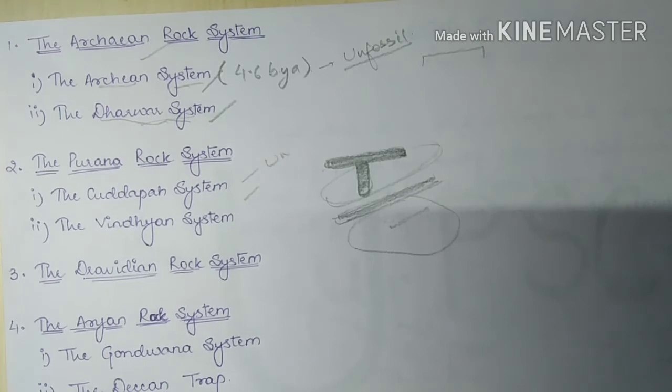Raw materials like cement, lime, glass, and chemicals are also found here in the Vindhyan system. So we have industries that are established in this area. We have the well-known diamond mines, Panna and Golconda, which lie in the Vindhyan system.